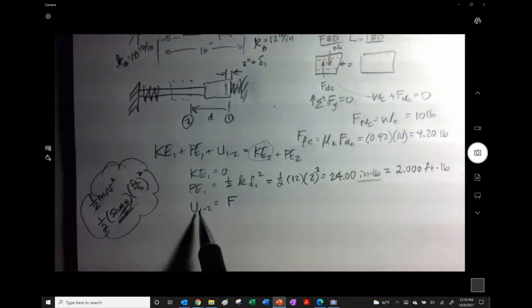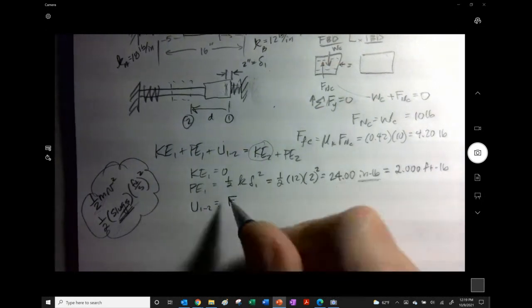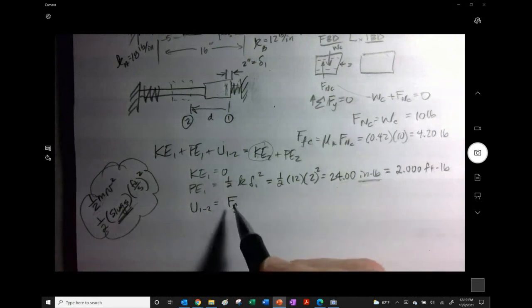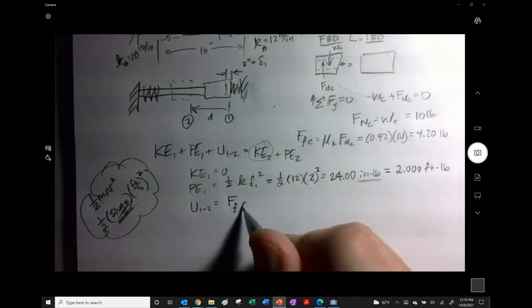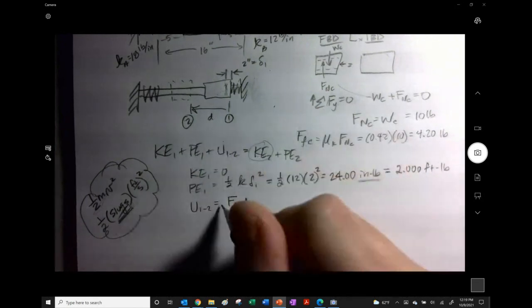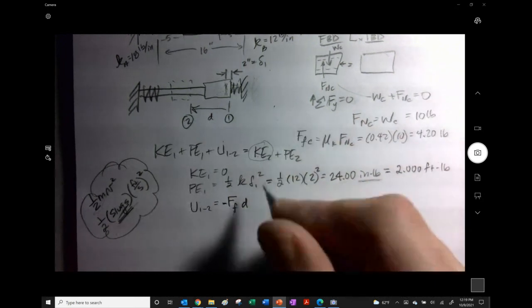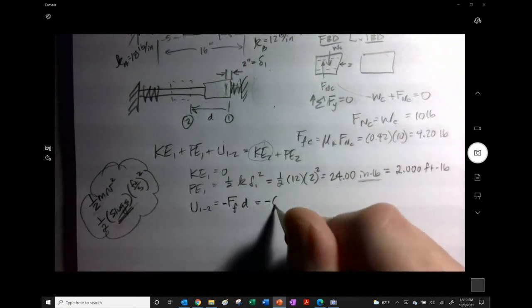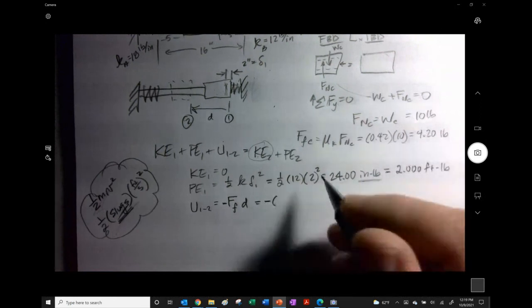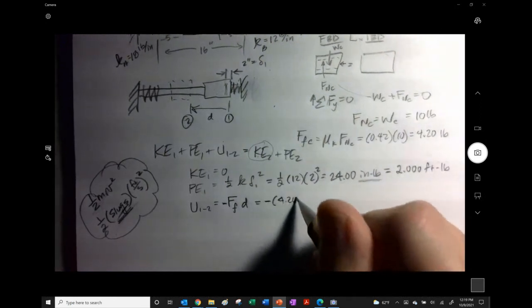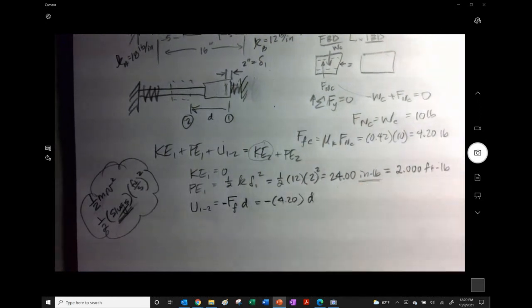So the work lost here is going to be the friction force times that distance I wrote as d, and it's going to be negative. So we know that's going to be negative 4.2 times the distance.